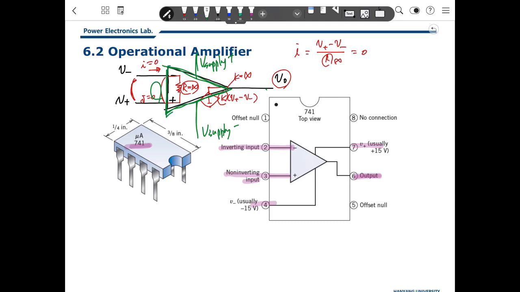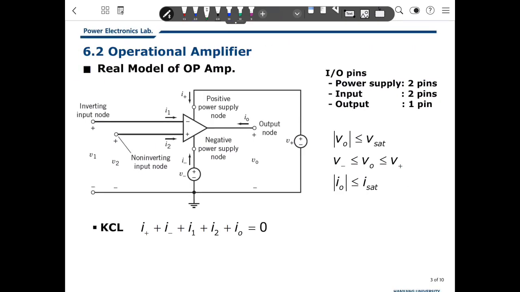Generally, this amplifier needs the supply voltage here. So this is a general diagram, a real model of the op-amp. There are two inputs, the inverting input and the non-inverting input. This voltage difference is amplified to the output node here.